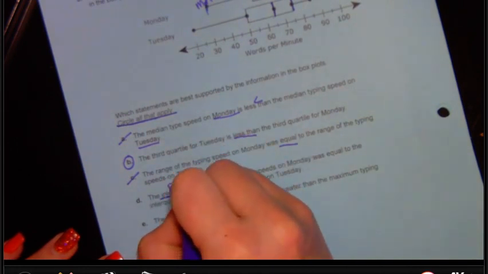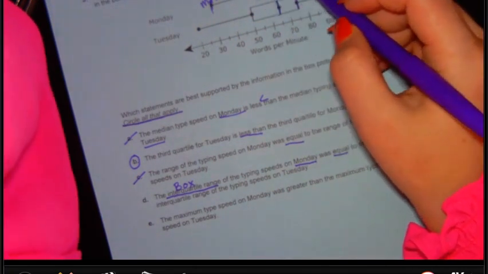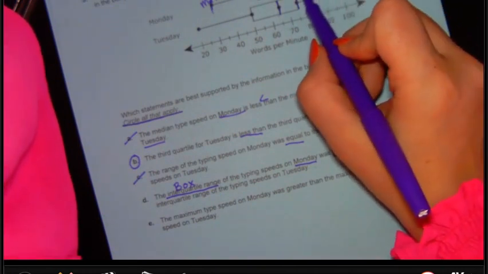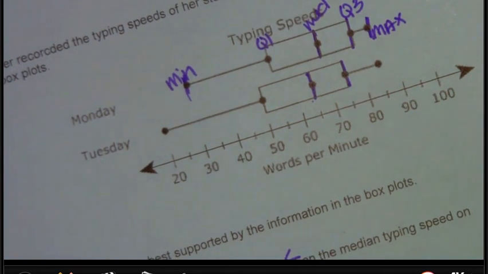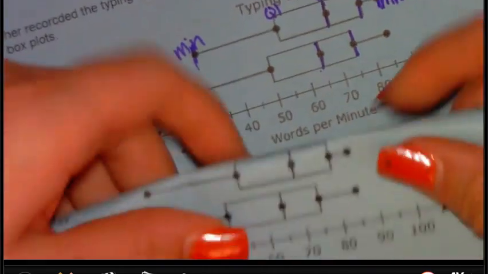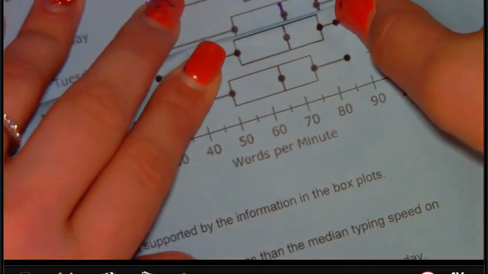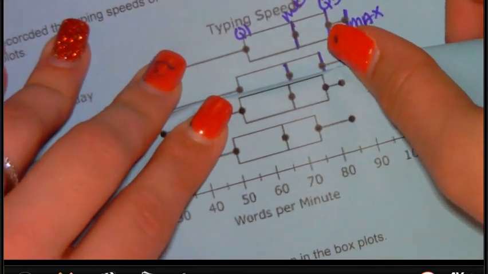All right, the interquartile range, which in a box and whisker plot is known as your box, of the typing speed on Monday was equal to the interquartile range, or your box, on Tuesday. So if I were to take the box for Monday, shift it over, and put it almost directly on top of Tuesday, do the boxes both look the same?